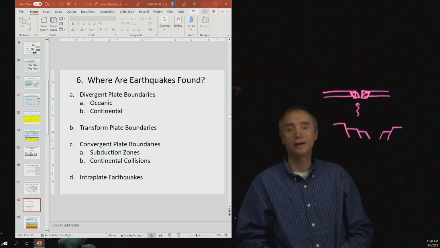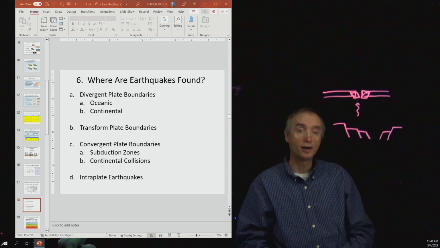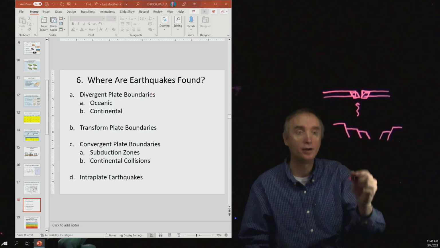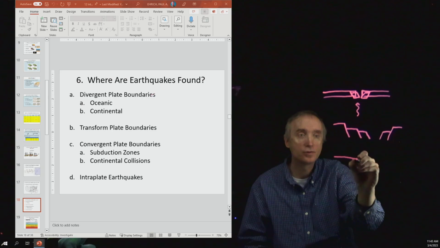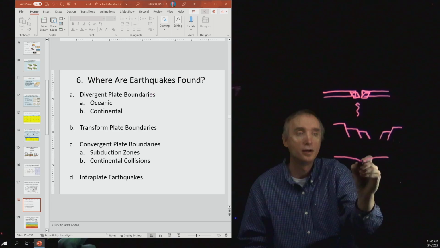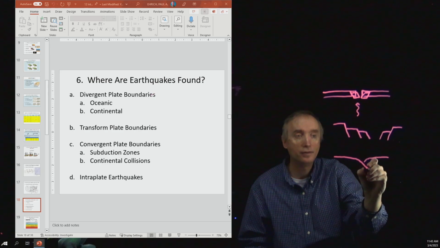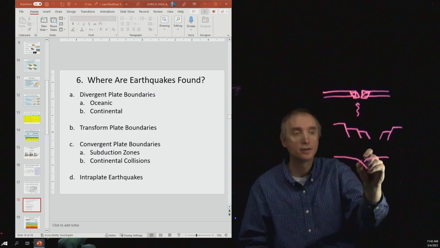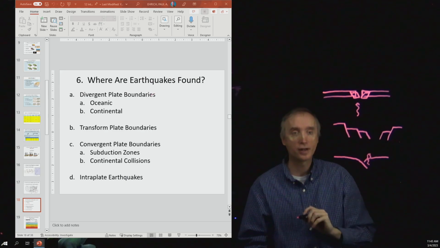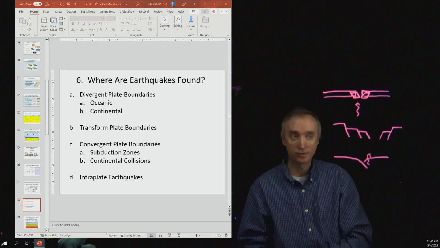Okay, what about at a convergent plate boundary? So if you recall, there were three different ways that plates could converge. So that you could have an ocean that is going to collide with an ocean, and then one of them's going to go down, but whichever one is the cooler of the two plates, it's going to go underneath it, and then part of it's going to melt, and then it's going to go back up to the surface, and then you're going to have your volcanic islands as a result of it.